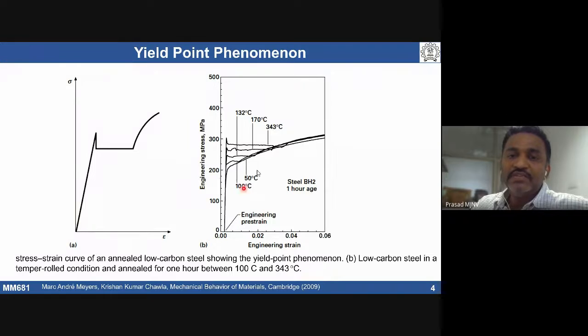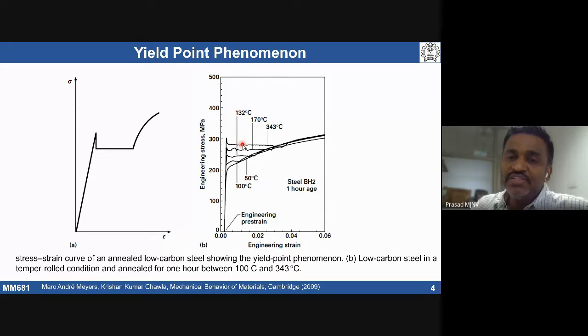So if you look here, assume that after temper rolling, if I heat it, do some heat treatments at 100 degrees Celsius to 343 degrees Celsius, and then deform the material, we do see reappearance of this yield point phenomenon.